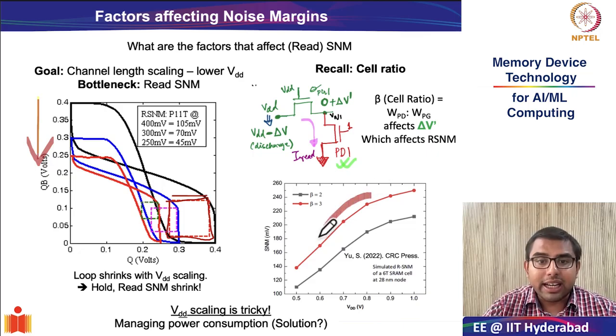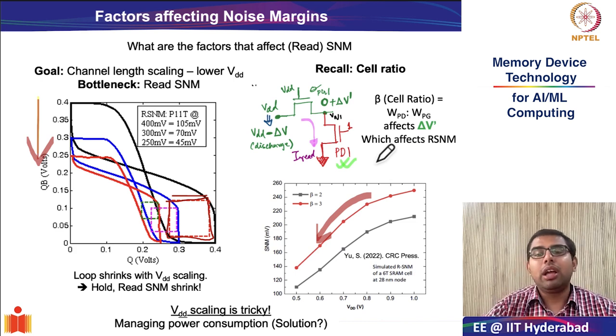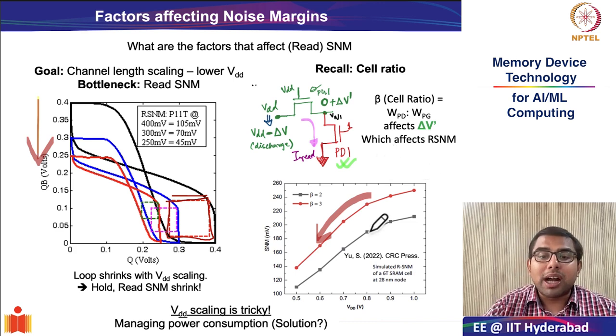This is what we had seen also in this graph, and of course there was a way to counteract this reduction in noise margins with supply voltage, that is to improve the cell ratio.